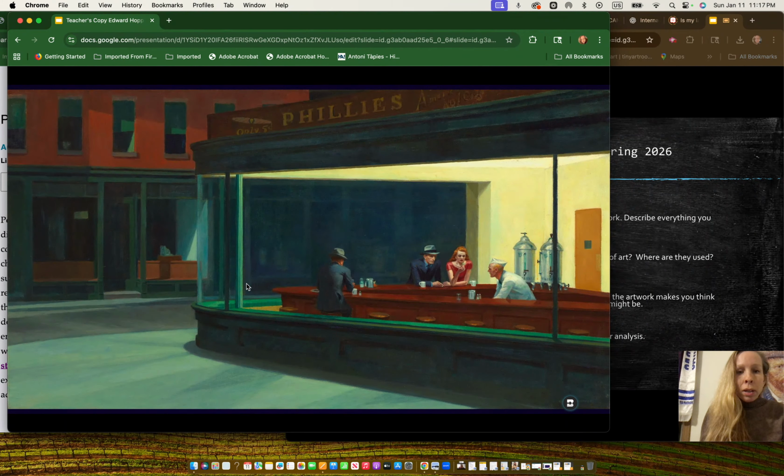And there is this message, I think, too, between the couple. The people are together, yet they seem separate from each other, which I think goes with how things were changing, especially as this was painted in 1942. So, there's a lot of changes happening during this time and how people were interacting with each other and relating to each other.